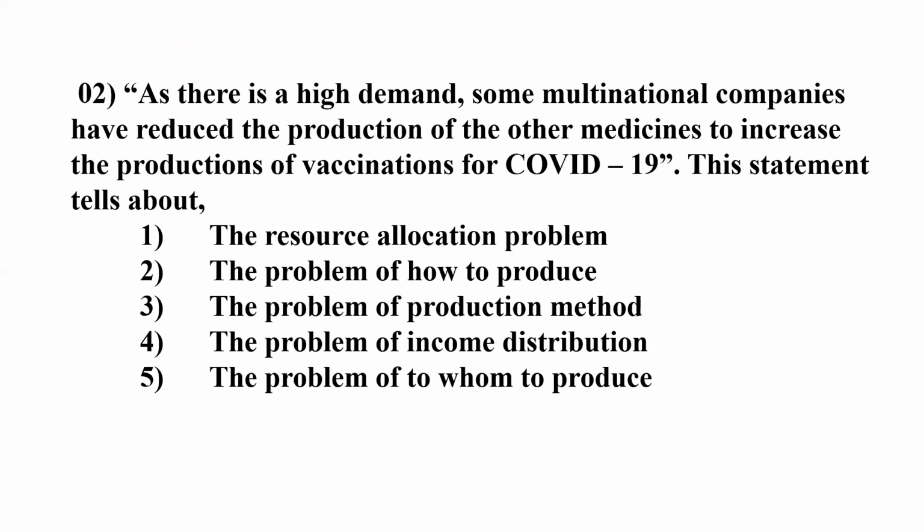That means this is a matter of resource allocation: how to allocate the limited resources among alternative productions. Resource allocation problem. Answer number 1. Question number 2, answer number 1.